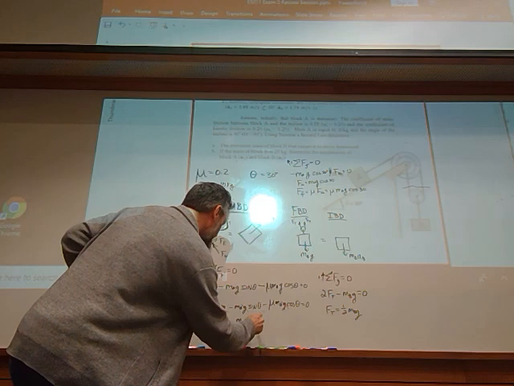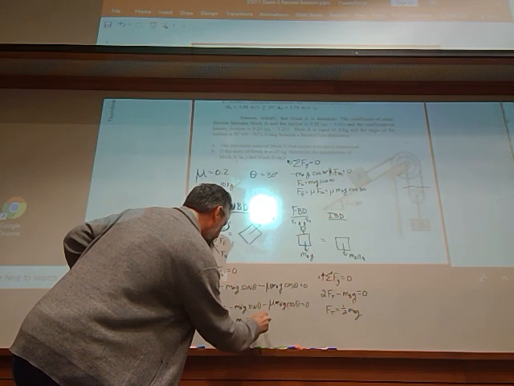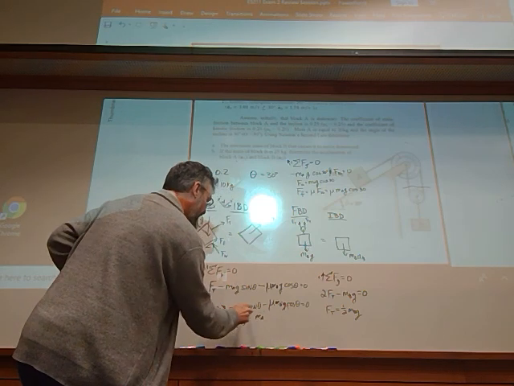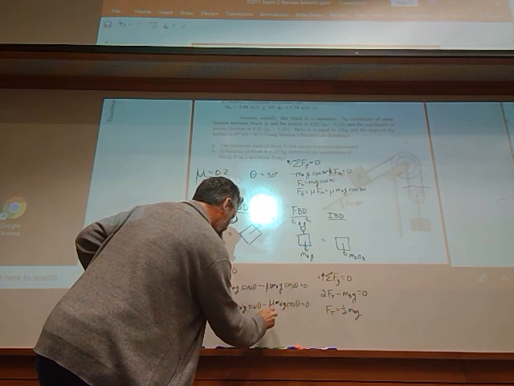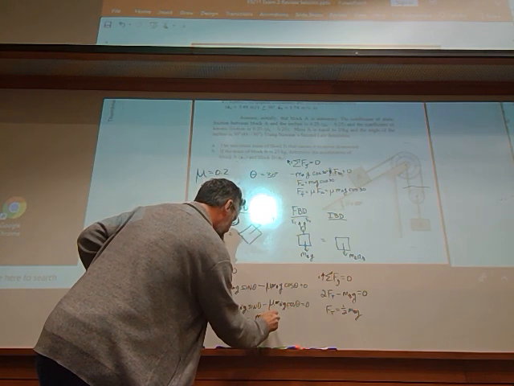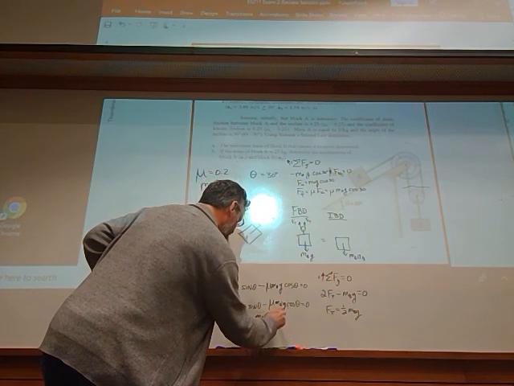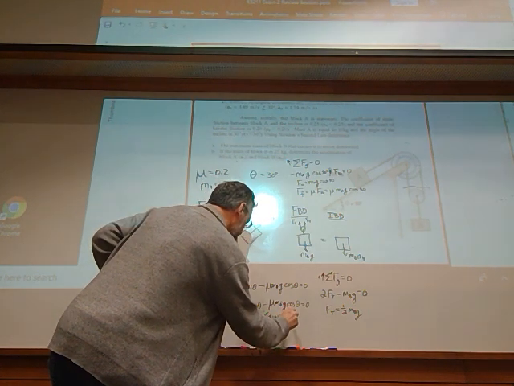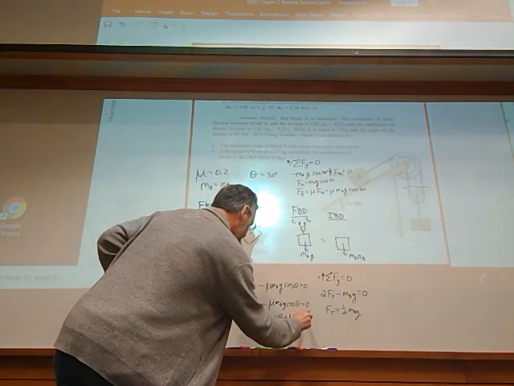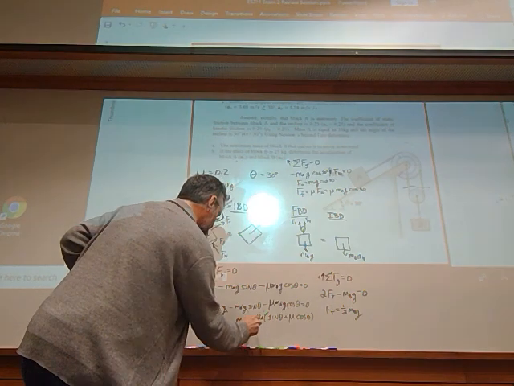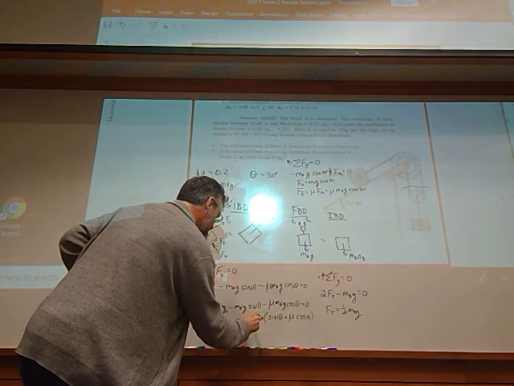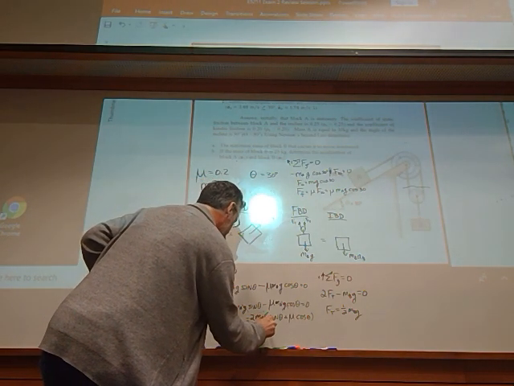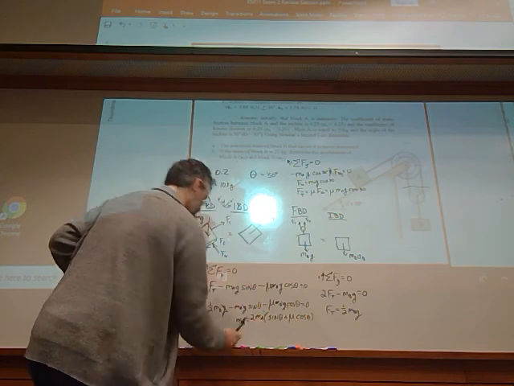So we end up with MA over here that's going to come out of the thing. So this ends up being sine of theta plus mu times cosine of theta, and that whole thing times 2, right?